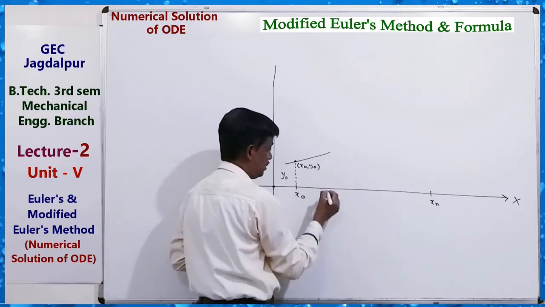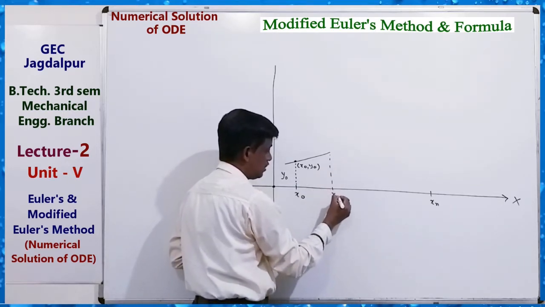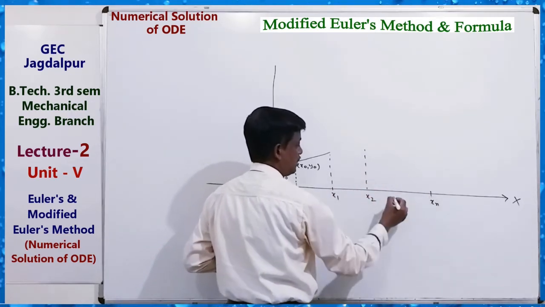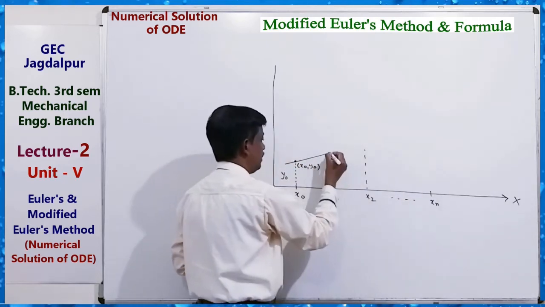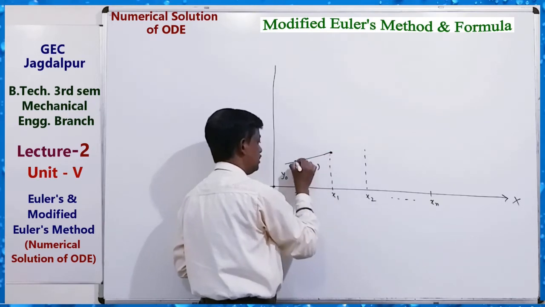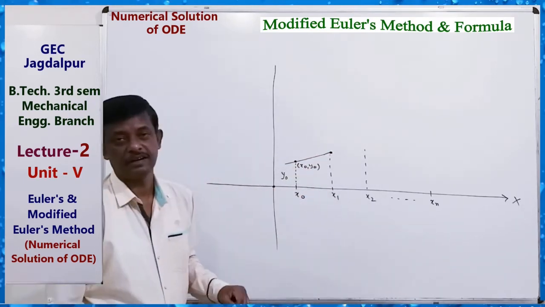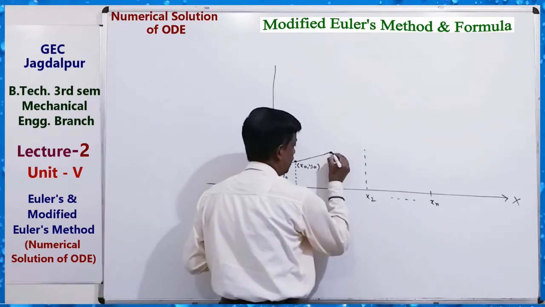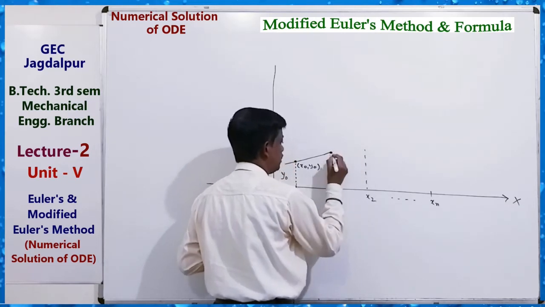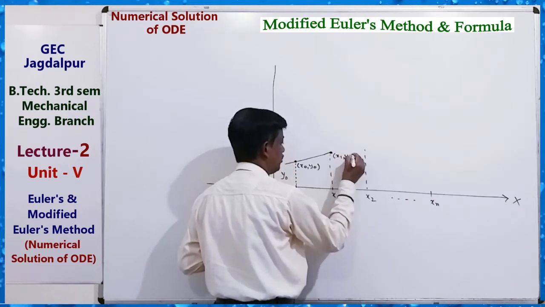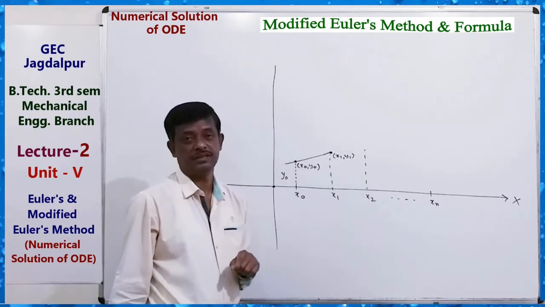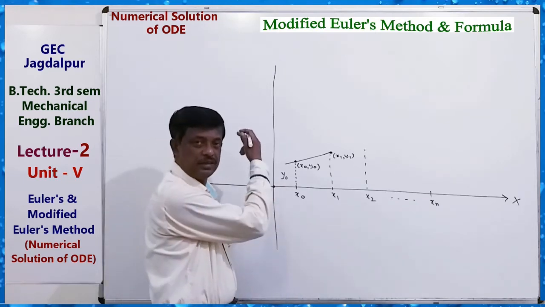If we divide the interval into x1, then x2, and so on up to xn, and the tangent crosses here, this point is x1, y1. This y1 is found from the equation of the tangent, and that is Euler's method.